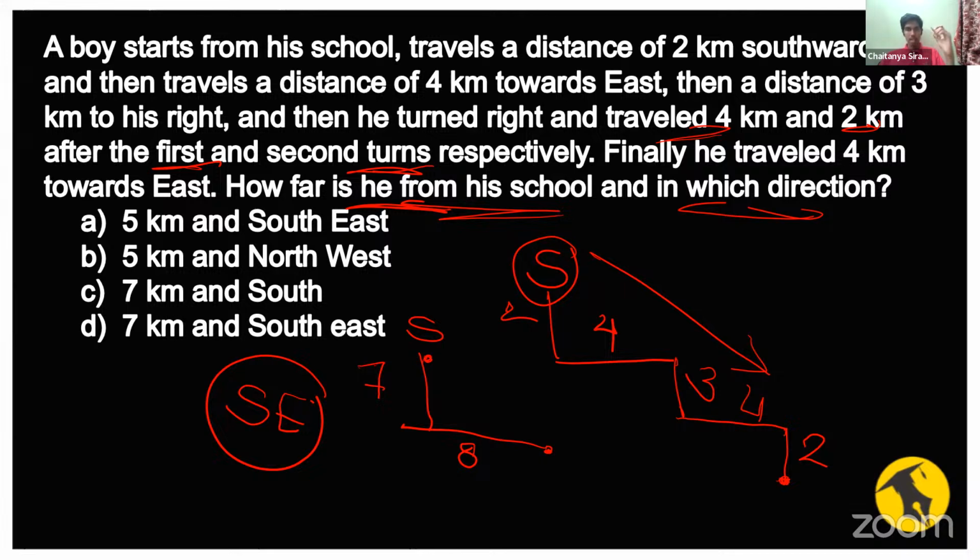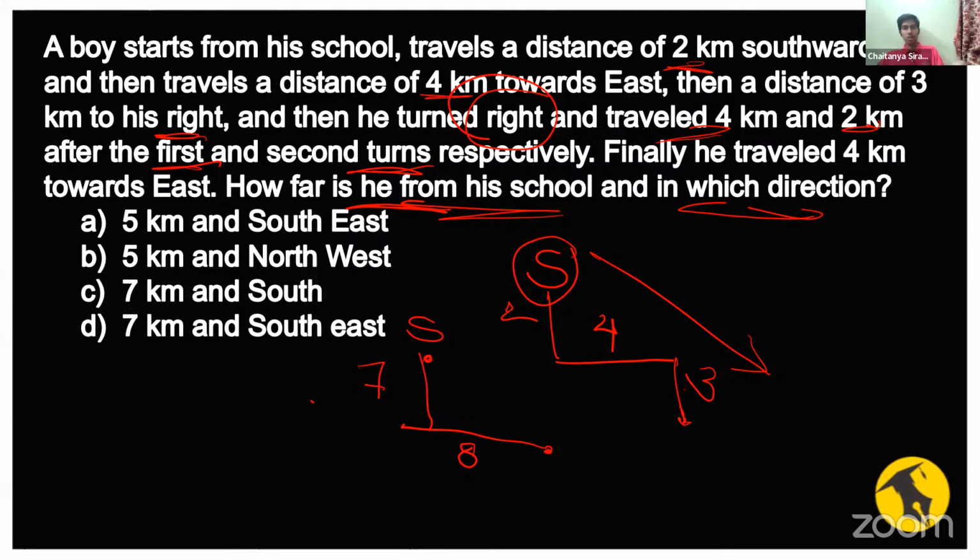Wait, I think I made some mistake. He traveled 2 kilometers southwards, then took a right turn, 4 kilometers towards east, then 3 to his right, then, okay, here the problem is. Here I took a left turn. So I'll have to change.